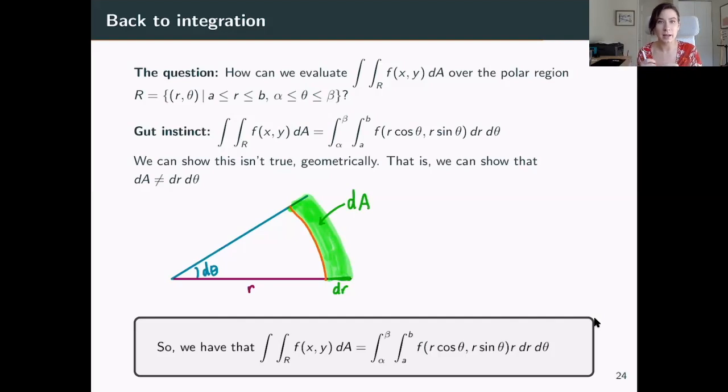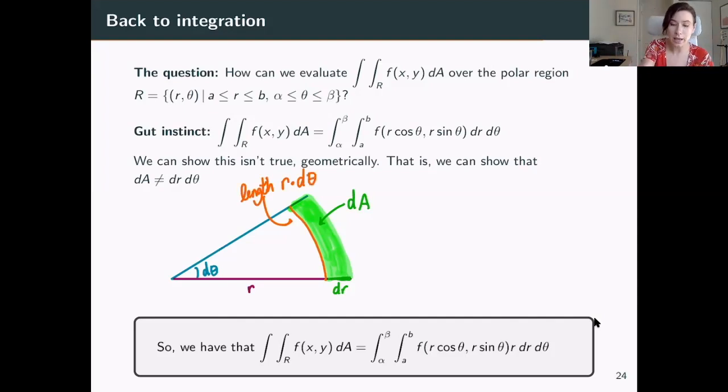You can think of the circumference of a circle as 2 pi r. It's taking that r and then rotating it by 2 pi. Similarly, if the angle is pi, I'm taking my radius and then multiplying it by pi. In this case, the length here ends up being r times d theta.